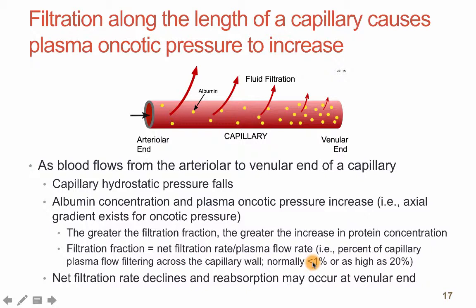But if you have a capillary that has a relatively high filtration fraction, as occurs, for example, in renal capillaries, where the filtration fraction may approach 20%, that will cause a significant increase in the oncotic pressure at the venular end of the capillary, which will alter the balance between filtration and reabsorption.